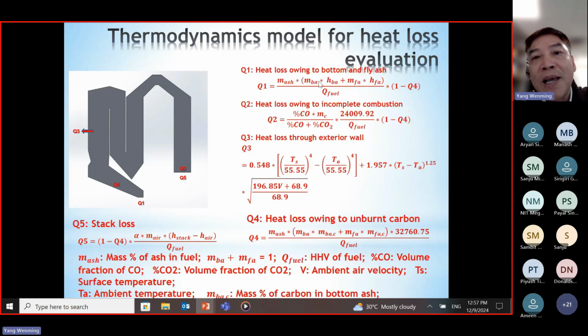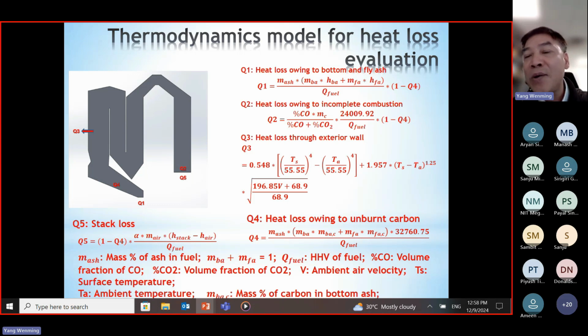So the first one is the heat loss due to the bottom ash and the fly ash, because they still have a high temperature, a few hundred degrees C. They will take away a small part of our heat energy. The second one is the heat loss owing to the incomplete combustion process. When the fuel is burnt and the flue gas is discharged from the boiler system, not all the fuel will be burnt.